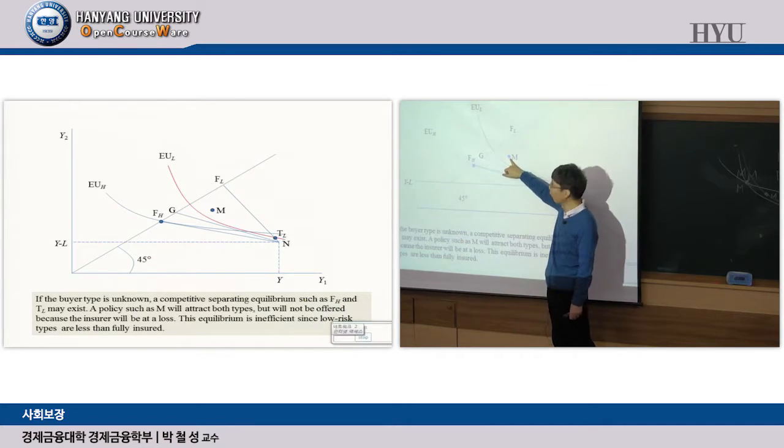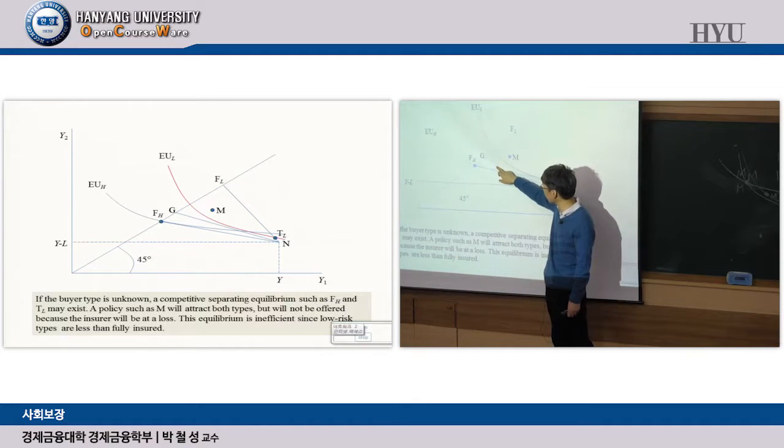However, no insurance company will sell M, because if they get both types here, then the probability of accident will be along this line, but now they are charging too little. If they want to make a profit, they should charge somewhere here. But obviously, if you charge only here, you will have only high-risk types, because low-risk types wouldn't buy this.